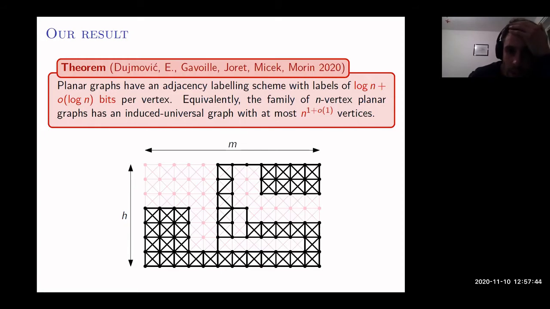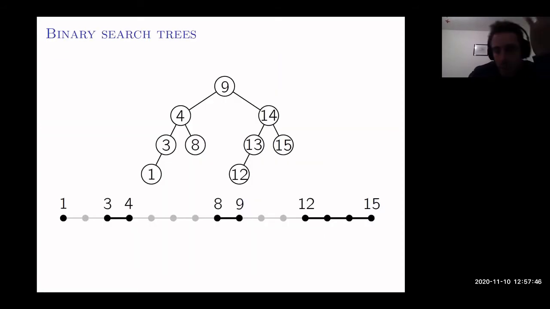One very efficient tool to do that are binary search trees. So the idea will be to store, so here is one of the horizontal paths with numbers between 1 and 15. And the black vertices here are the vertices of G. So G only contains a certain number of these vertices.